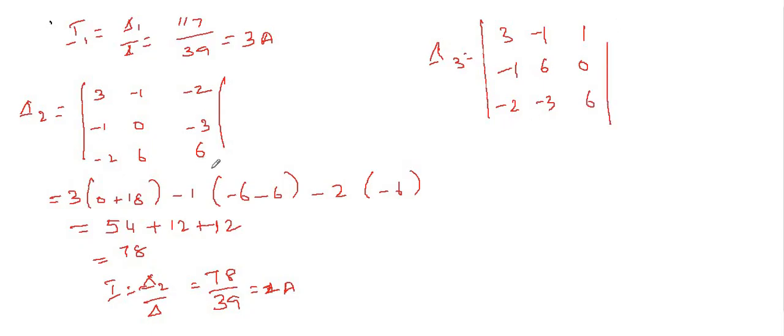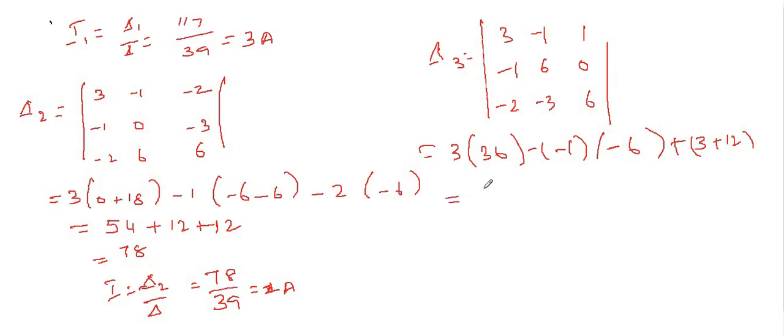So we'll find the determinant for this value, which is equivalent to 3 into 36 minus 0, minus minus 1 into minus 6, plus 1 into 3 plus 12.